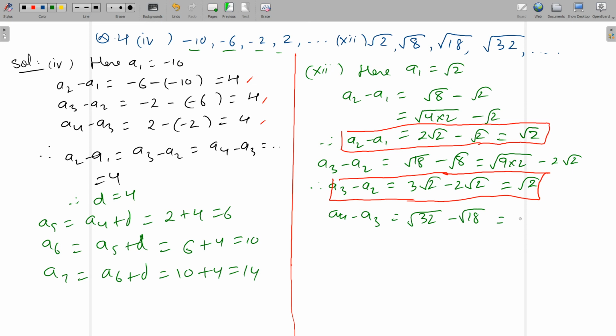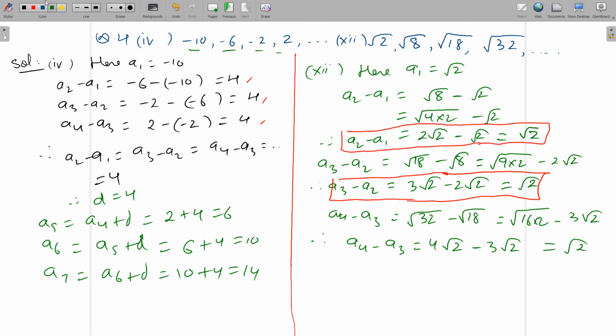So root 32 can be written as square root of 16 into 2, minus root 18, which we have already written as 3 root 2. Therefore a4 minus a3 equals, square root of 16 is 4, so 4 root 2 minus 3 root 2, and that will give us root 2.